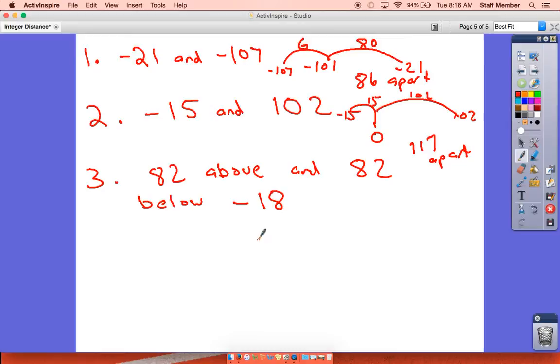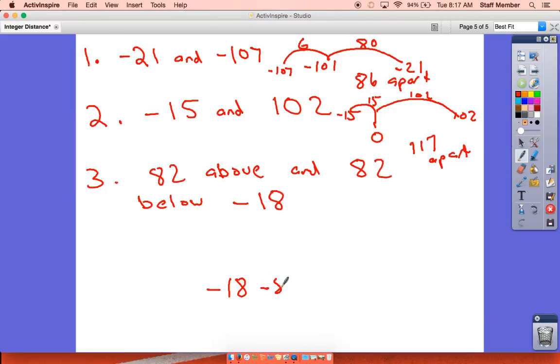And then we've got this last one here, where we want to start at negative 18, and I want to go 82 above, which means 82 more in the positive direction, and 82 more in the negative direction. So let's take care of that. Let's go in the positive direction first. I always find tens are pretty easy to go by.